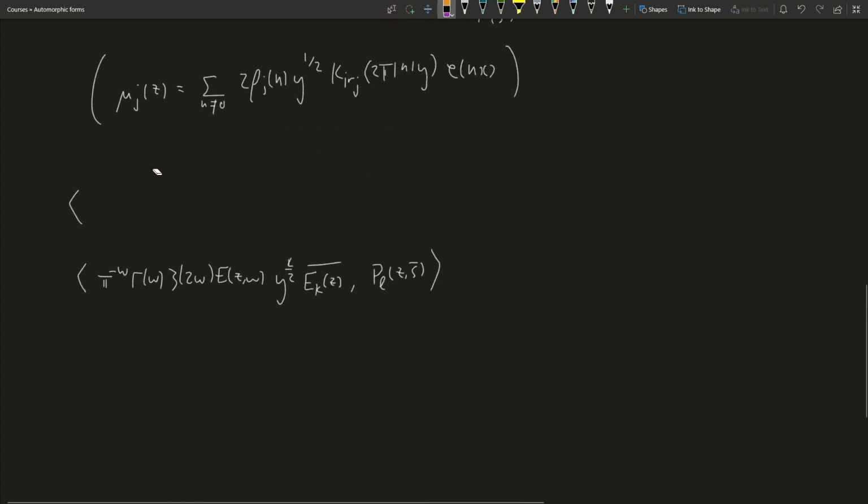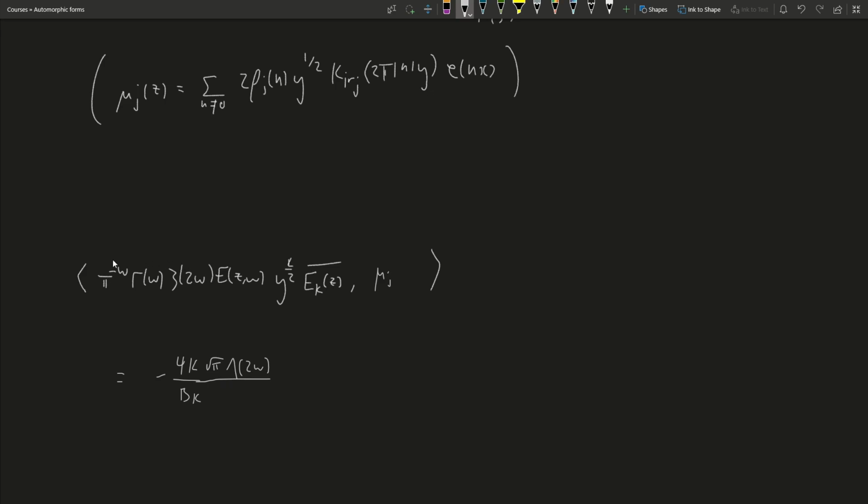So with this thing, but the inner product with the Maass form u_j, then what we end up finding is that this is equal to minus 4k over the kth Bernoulli number, square root of pi times the completed Riemann zeta function at 2w.